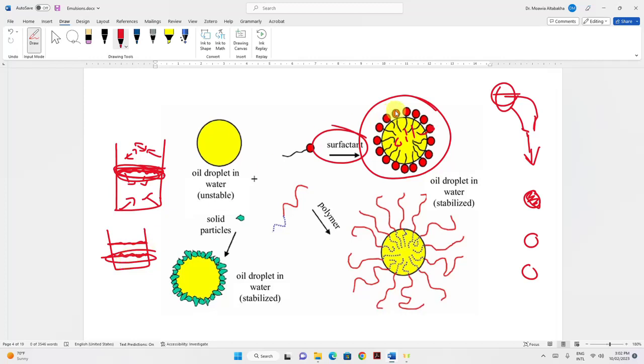So when you have an emulsion, they like to come and surround the globules, the internal phase, and by that they will protect these globules and they will reduce the surface tension. Isn't that the job of the surfactant? The main job of the surfactant is to reduce the surface tension.